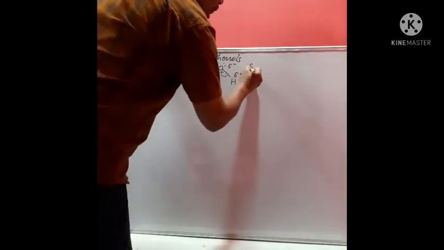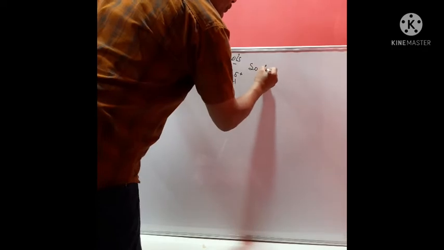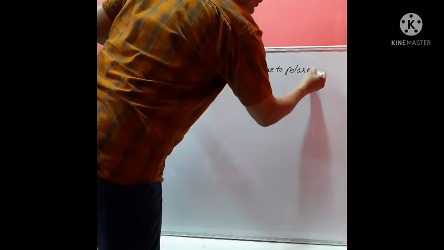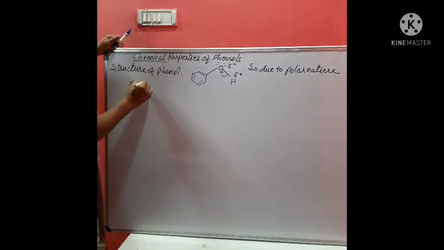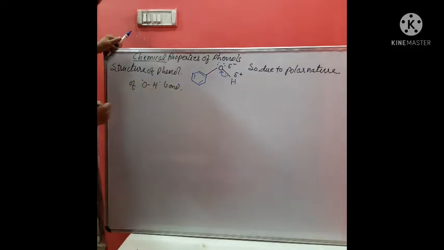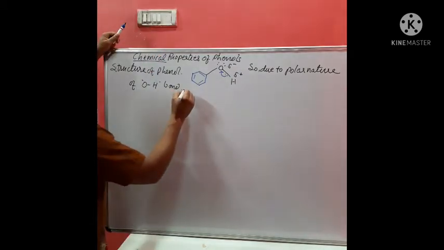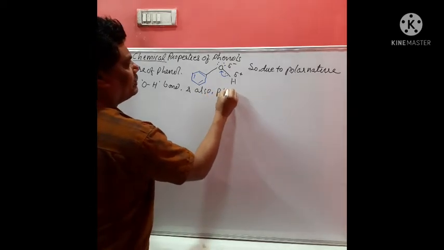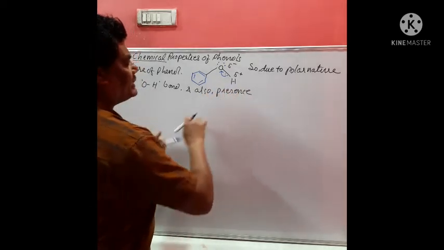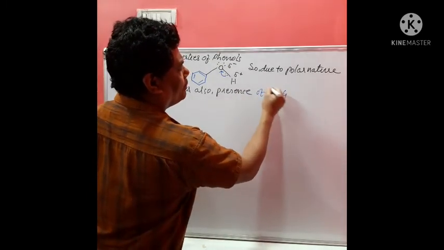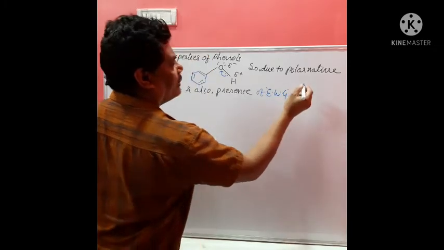Okay. So due to the polar nature of the OH bond and also the presence of an electron withdrawing group, that is what?